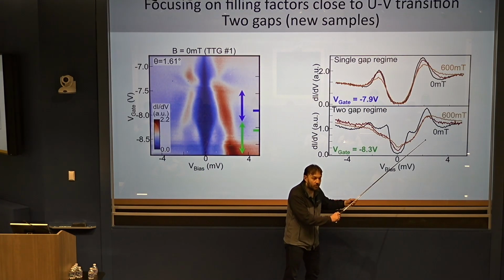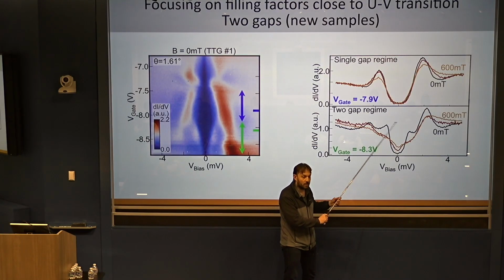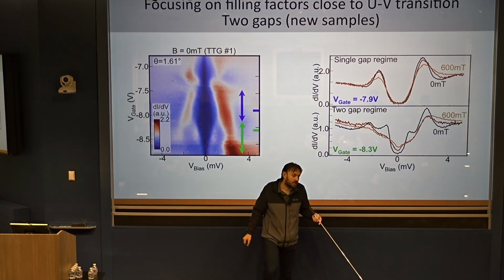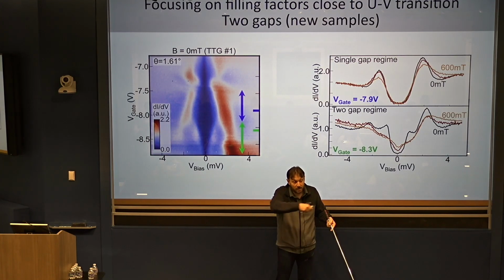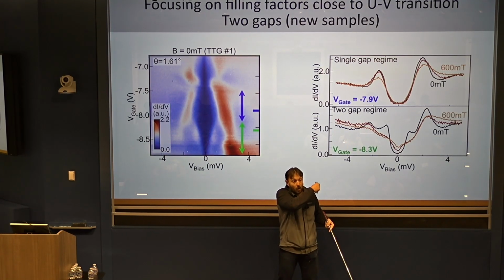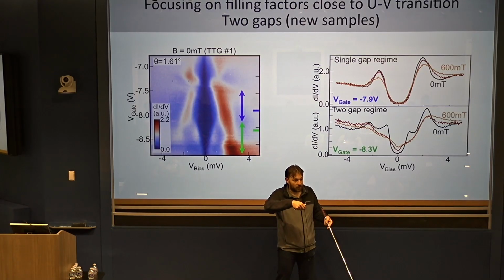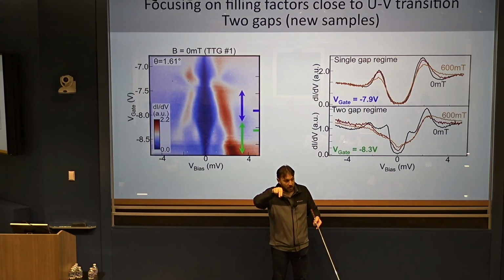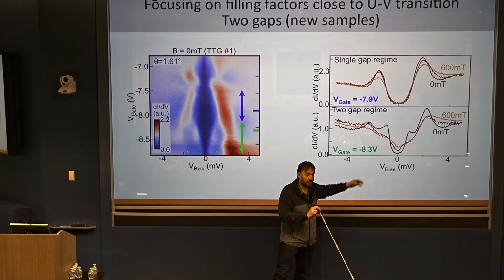You will not see them on the background of the outer gap. We actually have data on an older sample that we retroactively looked at, and you can see just a shoulder that would correspond to this energy scale.